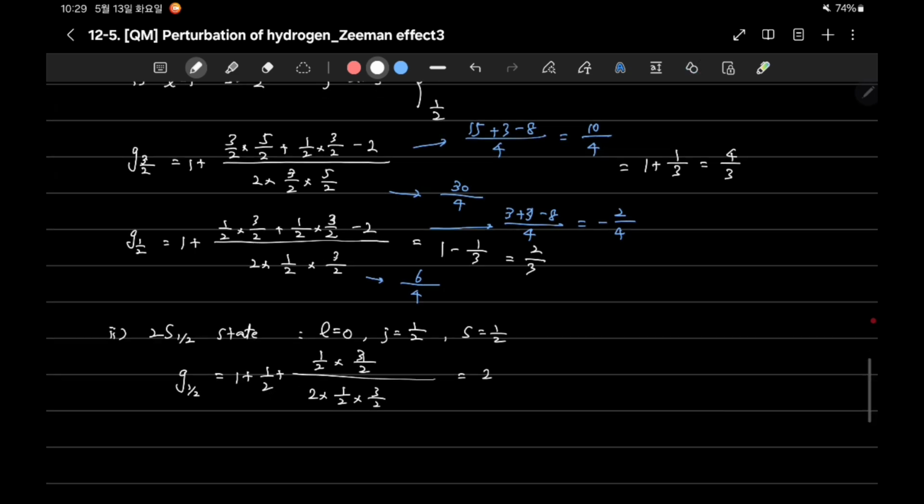In the 2s 1/2 state, the gyromagnetic ratio is 2.